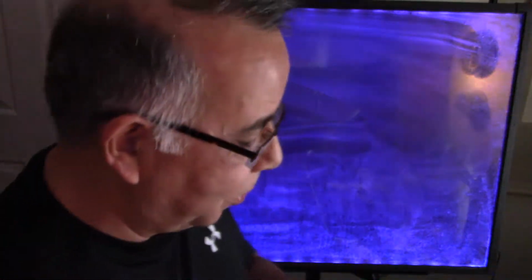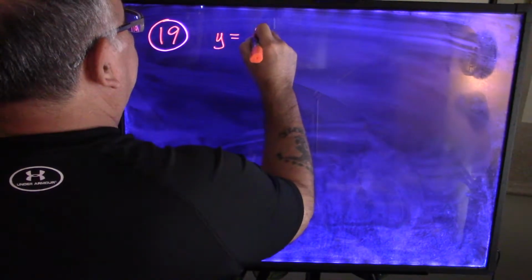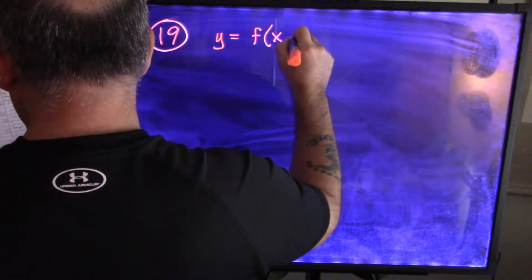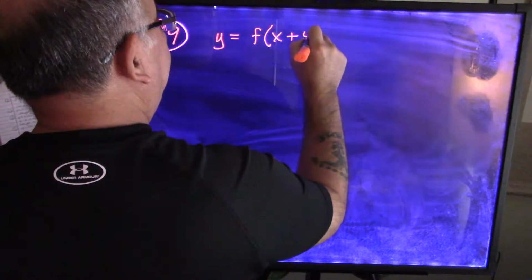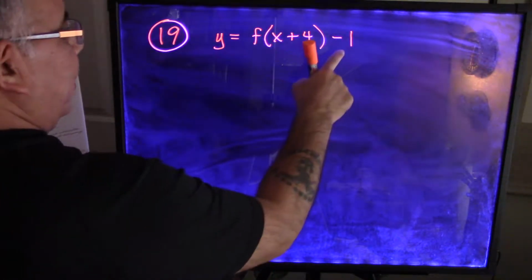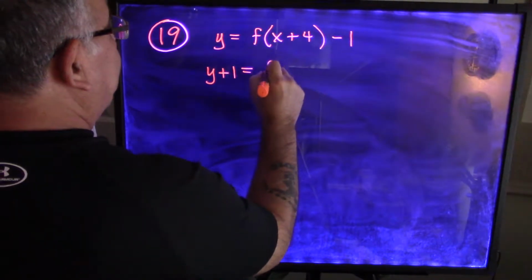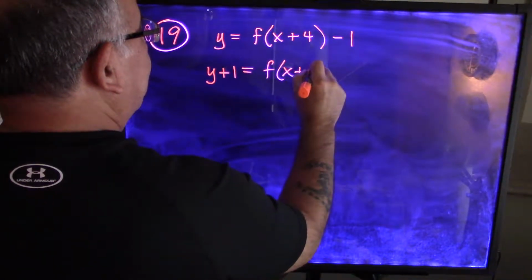Okay, number 19. Y equals f of x plus 4, and then minus 1 outside of the input. So y equals f of x plus 4 minus 1. First you can add 1 to both sides. Y plus 1 equals f of x plus 4.